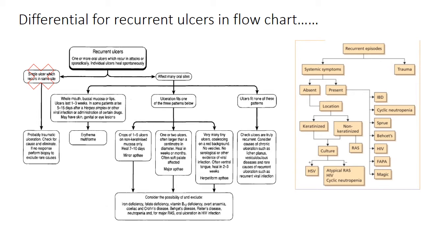So if we take all of these diagnoses we have discussed so far, we can further elaborate them and include many other diagnoses too, as shown in the second tabular form, where, when there is a systemic factor involved, associated with HIV, you have cyclic neutropenia, you have Behcet syndrome, when there are other areas involved.